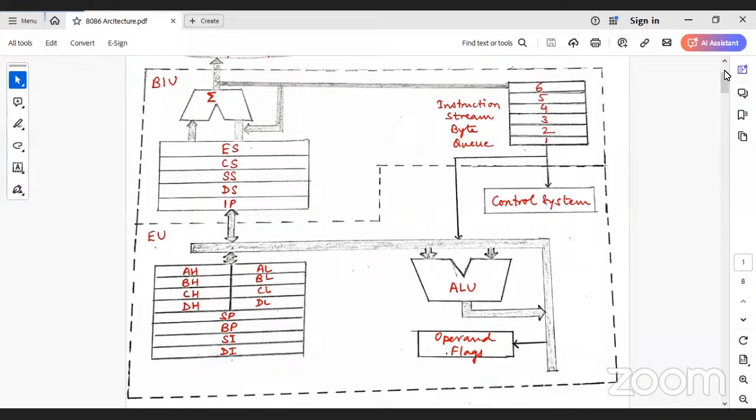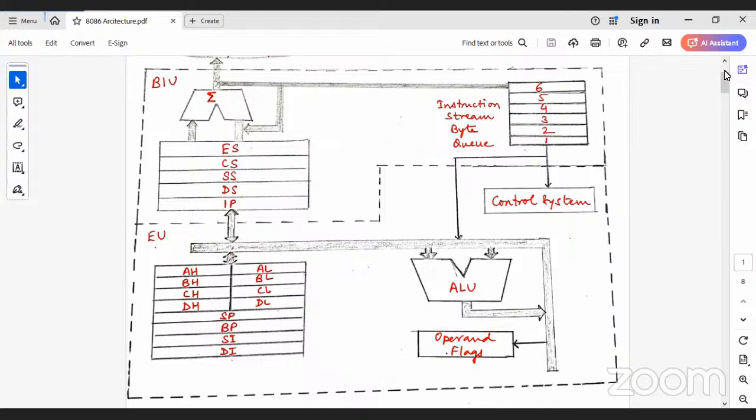So like this, 16-bit registers are available. The 16-bit registers you will denote as AX, BX, CX and DX. These are the working registers. But if you want to use only 8 bits of that particular register, then you denote it as AH, AL. Similarly, for B register, it is BH, BL, and for C, it is CH, CL, for D, it is DH, DL.